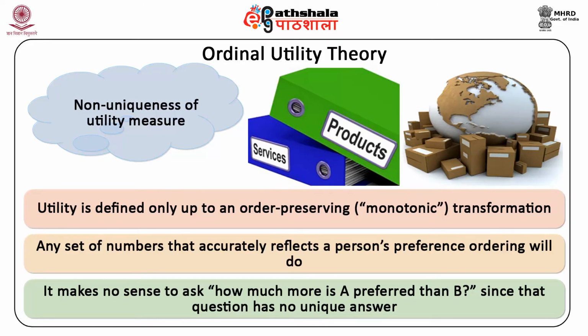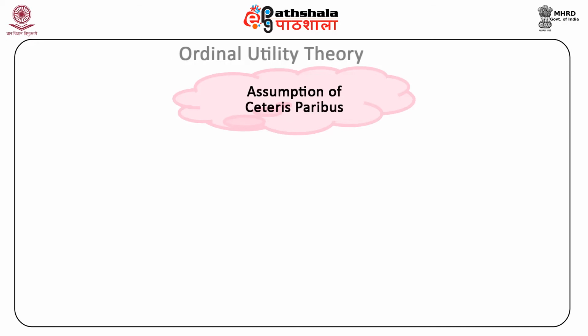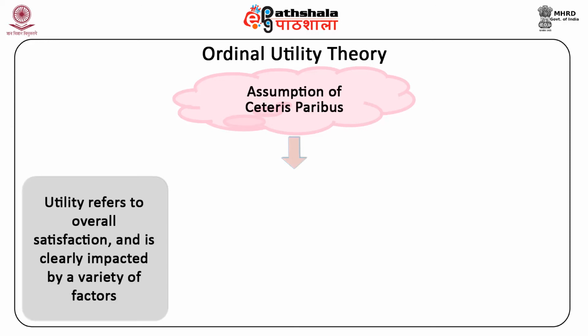Third point is the assumption of ceteris paribus. The term utility refers to overall satisfaction, and this measure is clearly impacted by a variety of factors. A person's utility is influenced not only by his or her consumption of physical goods, but also by the psychological attitudes, peer group pressures, personal experiences, and the socio-economic and cultural environment.